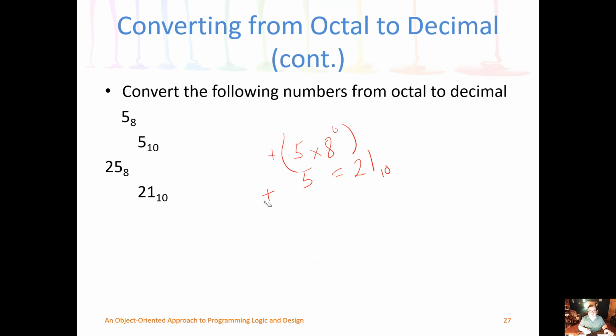Let's erase this and get the next one: 100 base 8. Again, it's the same thing.